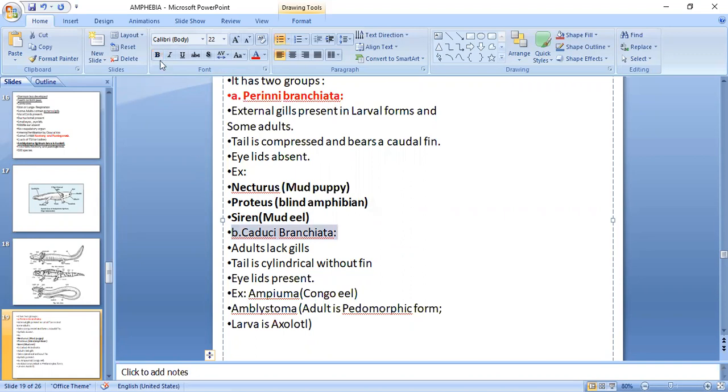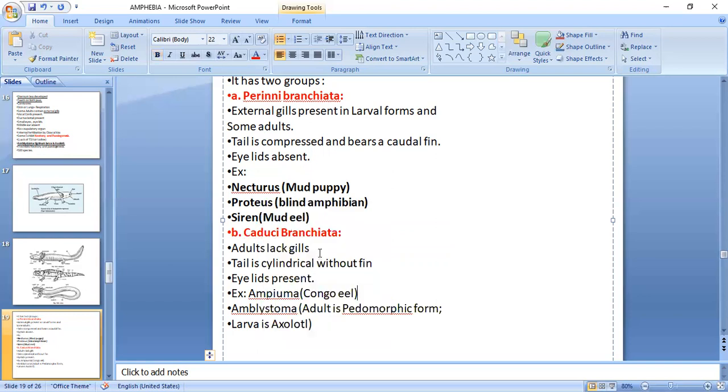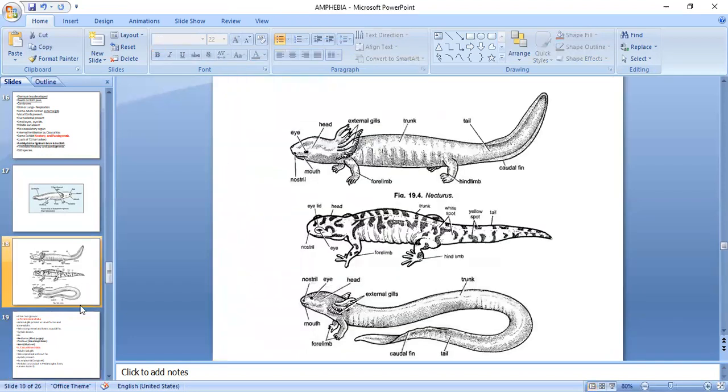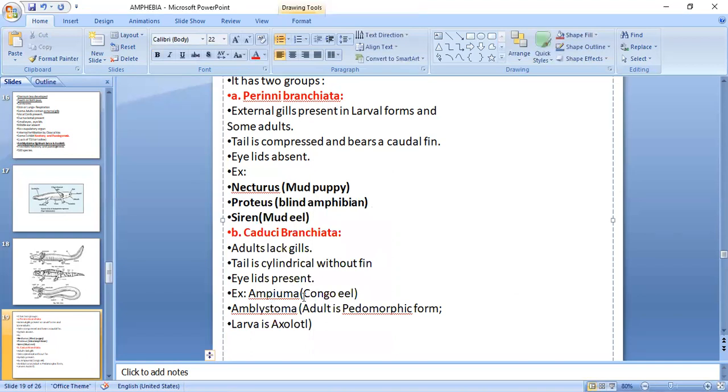Next, Caducibranchiata. Here the gills are absent. Adults lack gills, the tail is cylindrical without a fin, and eyelids are present. Example: ఇక్కడ కూడా ఎగ్జాంపుల్స్ అనేటువంటి వెరీ వెరీ ఫేమస్ ఎగ్జాంపుల్స్ ఇవన్నీ.